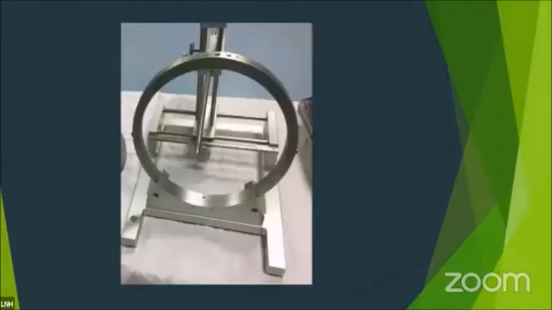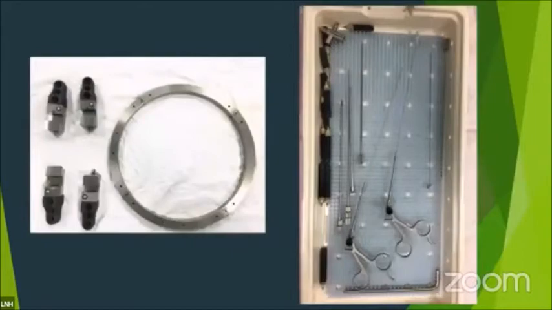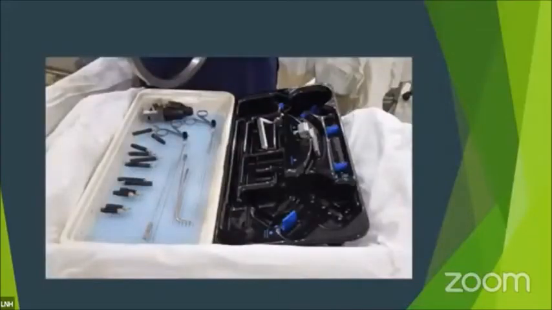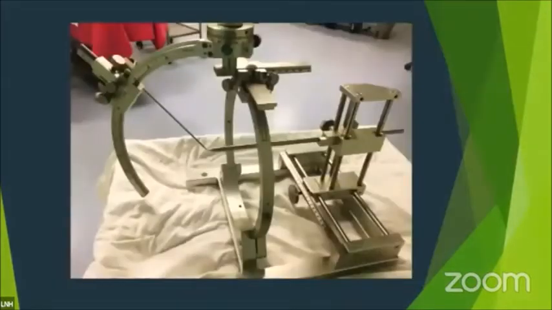So this is a phantom frame. One of the most beautiful features of this frame is the availability of the phantom frame. After getting your lesions, this is the head frame and these are the different biopsy needles. This is the complete setup, the arc systems and the biopsy needles.